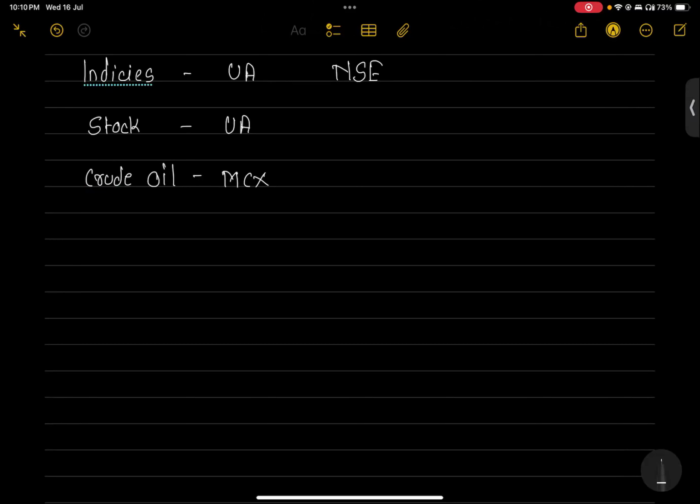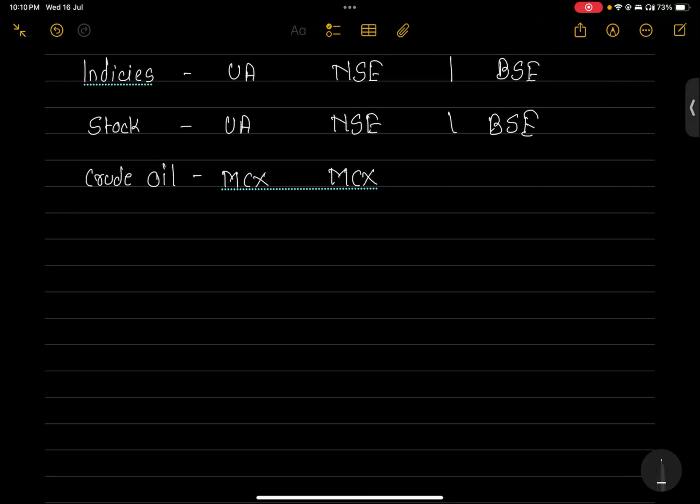Only NSE. If it belongs to BSE, only BSE will be written there. Again, if I'm talking about stock, NSE and BSE. If I'm talking about crude oil, natural gas, gold, silver, Brent, that will be written there as MCX.